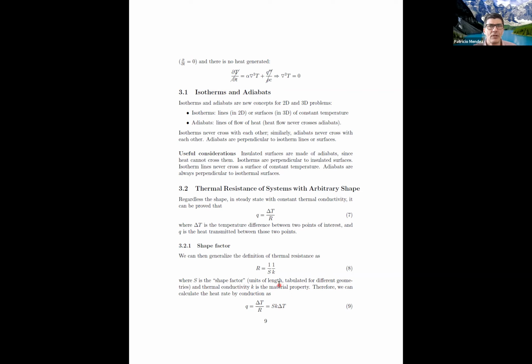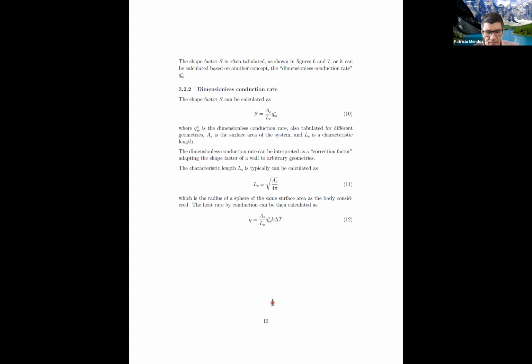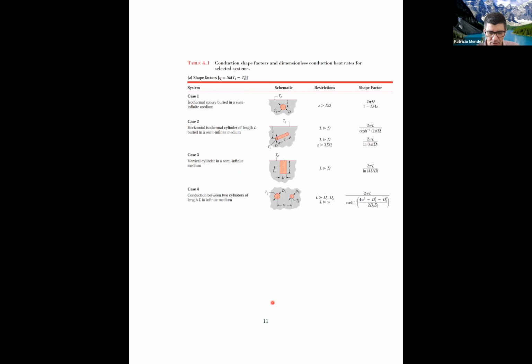K is a material property. S looks so innocent, but S is a result of a PhD for each case. So before I get into the other thing, here we have examples. They are tabulated in the book of solutions for the shape factor.